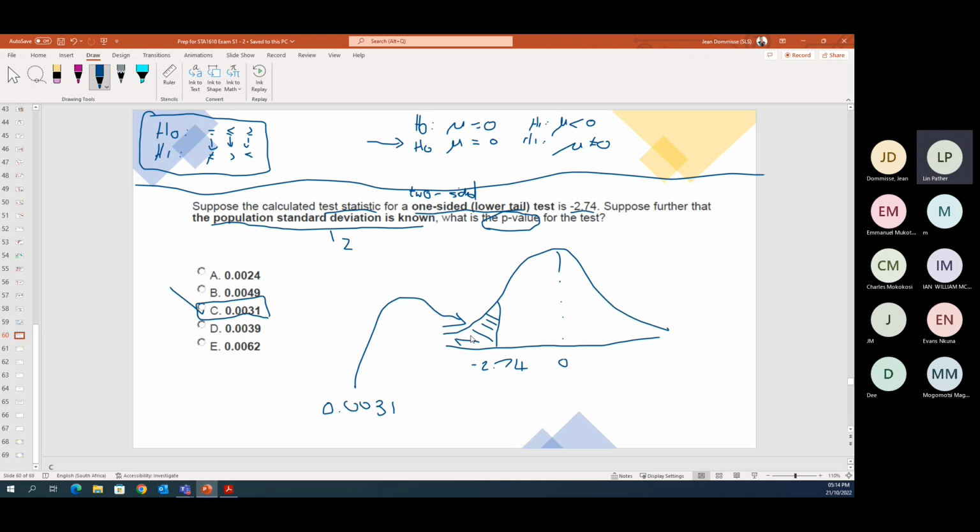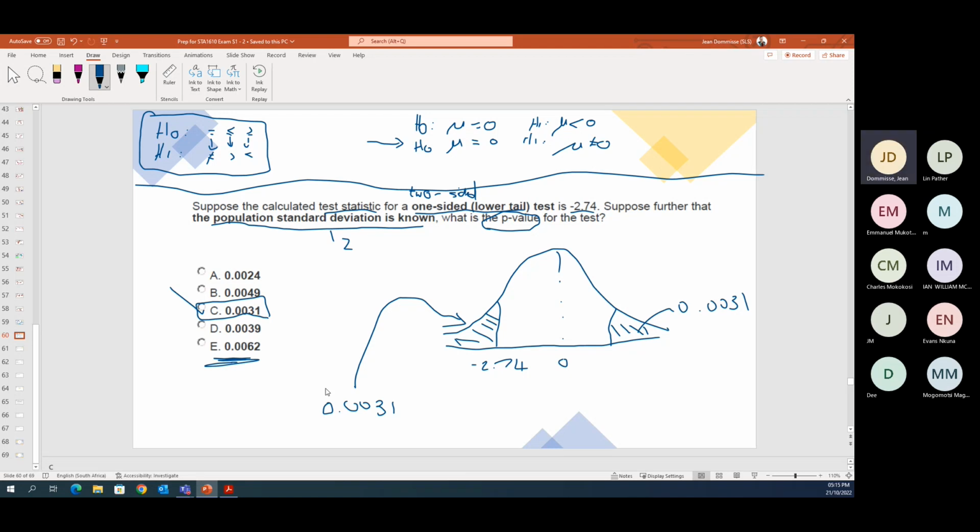Multiply by 2. Perfect. Because if it is two-sided, you would have multiplied it by 2, and there was actually an option for that.